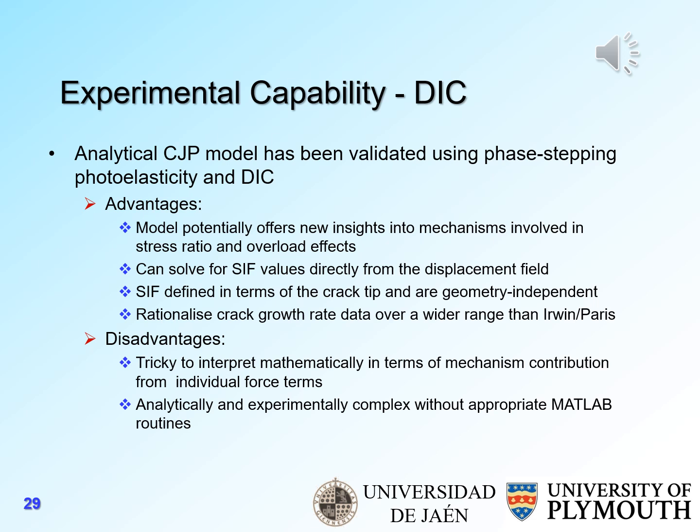But you can also solve for stress intensity values directly from the displacement field. Another issue is that the stress intensity factor in the CJP model is defined in terms of the crack tip and appears to be geometry independent. That's useful. You no longer need a compliance function between various specimens to get the stress intensity factor. And you can rationalize crack growth rate data over a wider range than you can using Irwin or Paris, as I've already said.